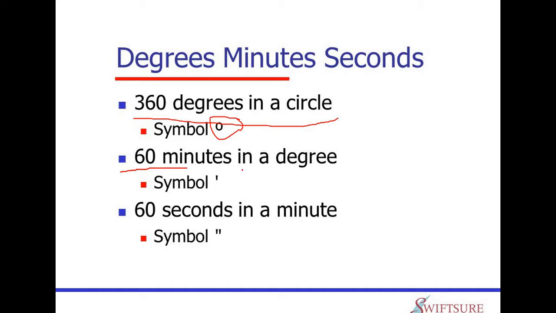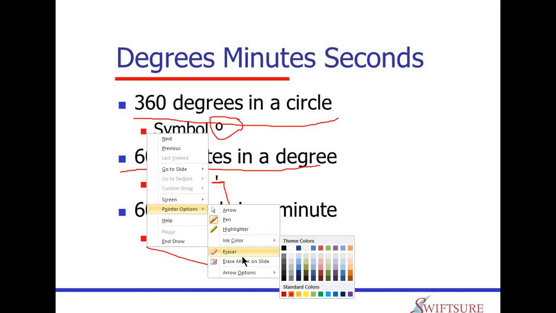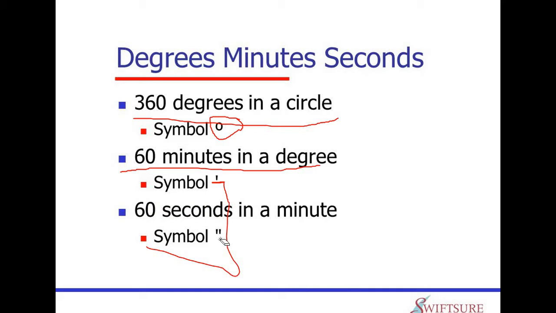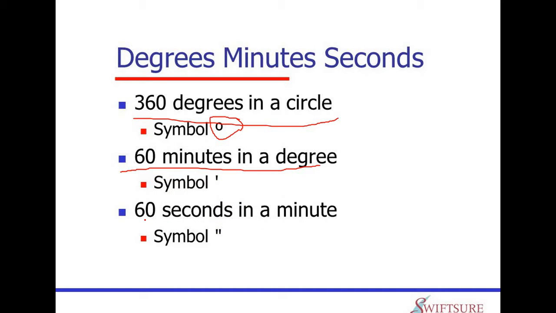There are 60 minutes in 1 degree, and this is the symbol of a minute. Then we have seconds: there are 60 seconds in 1 minute, and this is the symbol of a second.